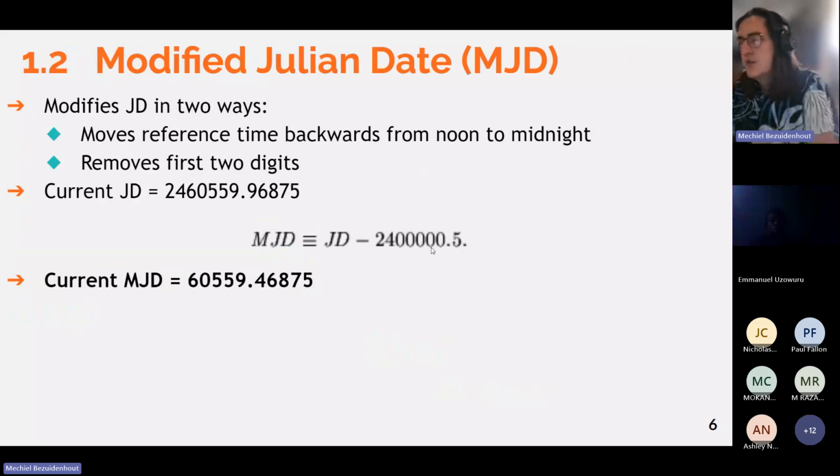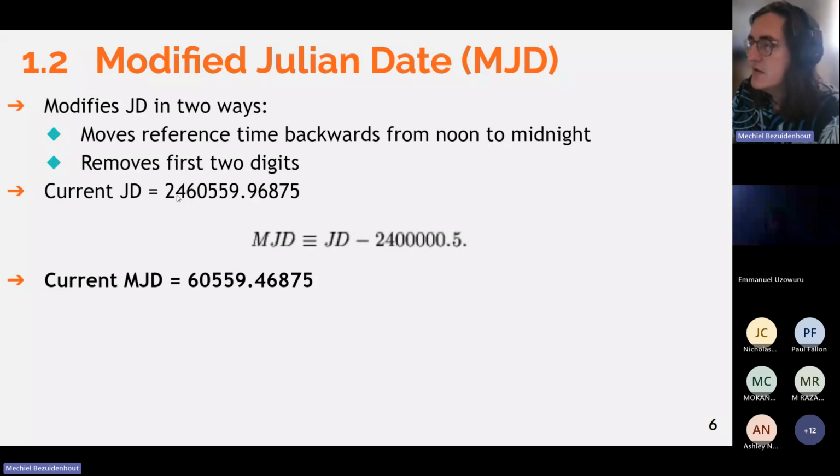In astronomy nowadays, we don't tend to use the Julian date. Instead, we use the modified Julian date, or MJD, and that simplifies the Julian date in two ways. First, we move the reference time backwards from noon to midnight, so that the UTC day starts at the same time as the Julian day, and then we remove the first two digits.